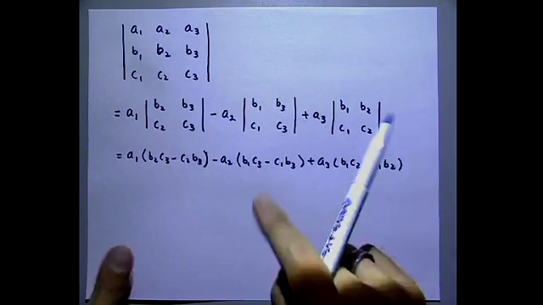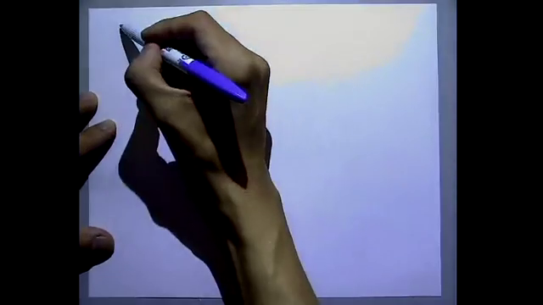All right, so let's try this on a bunch of numbers and get used to how we do this thing. And then I'll show you how that allows us to find a cross product. Okay, so let's try this guy here.